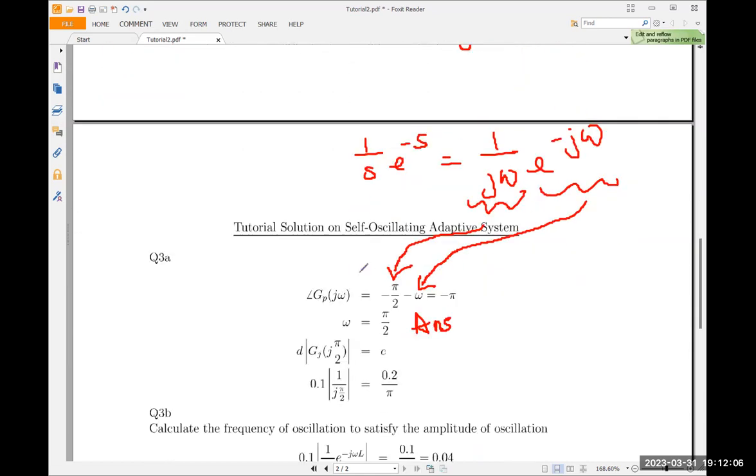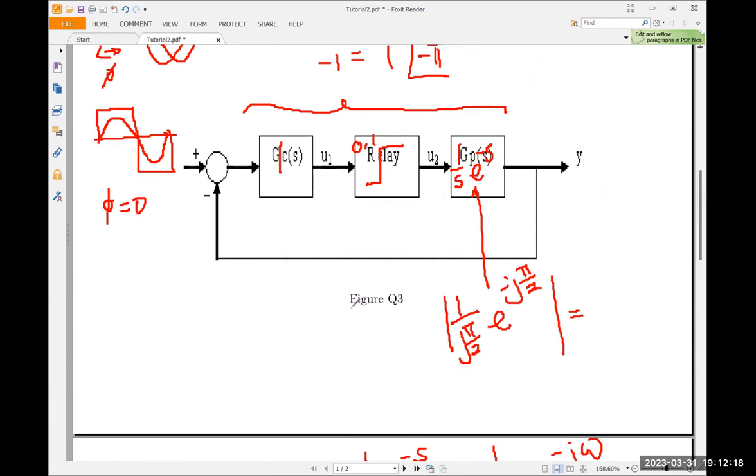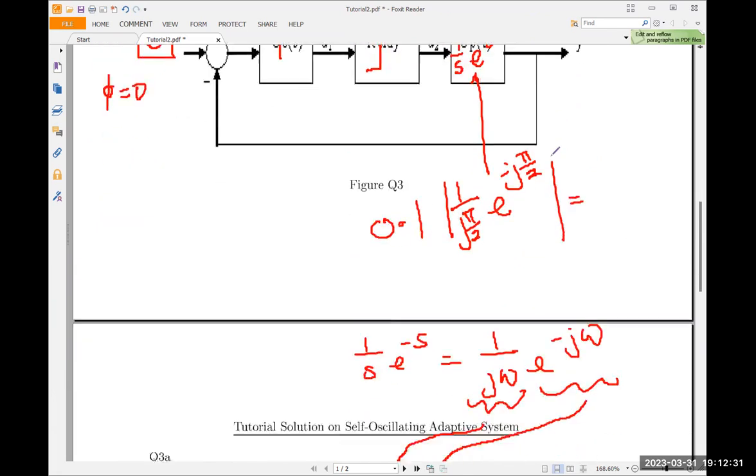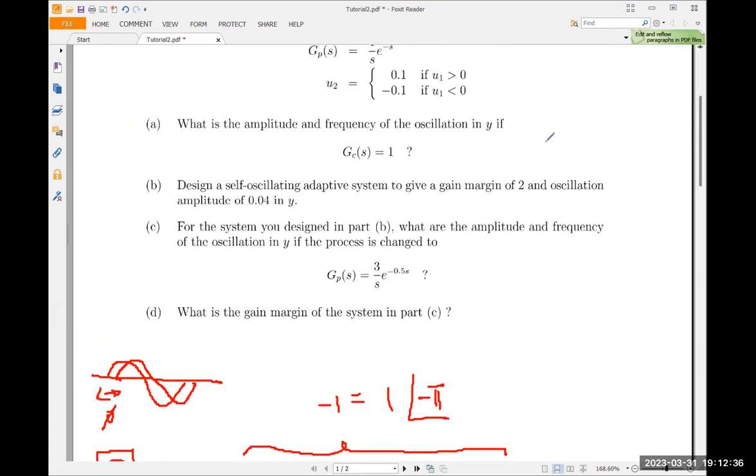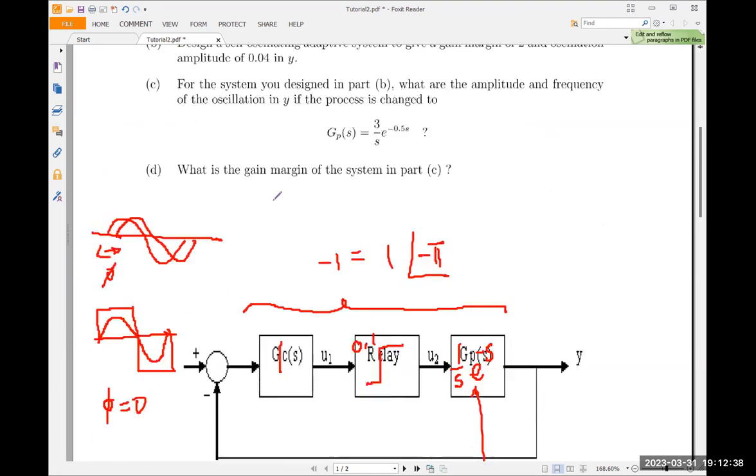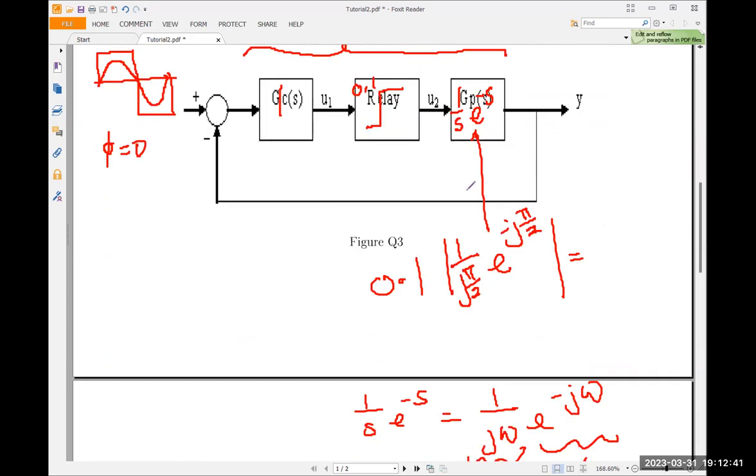So you find this. Now, D is 0.1. So 0.1 times this must be equal to, I want the oscillation amplitude to be what? The question says what? 0.04. So 0.04.